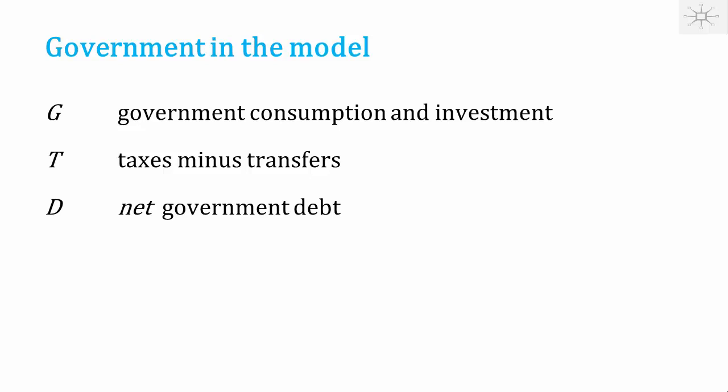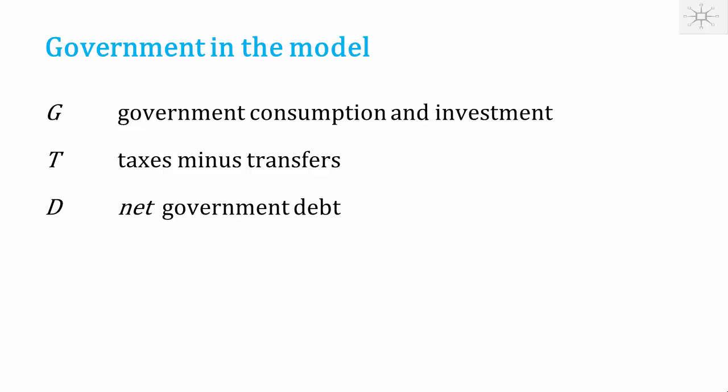So now we're going to put a government into the model, and it's going to be represented by three variables. The first is G, which we use to denote government consumption and investment. So this is government use of goods for consumption and investment. In practice, a large part of that will be produced within the government, but we do not take account of that here.